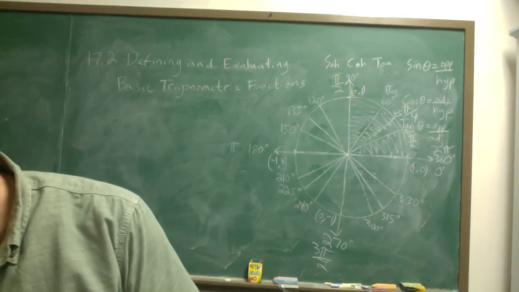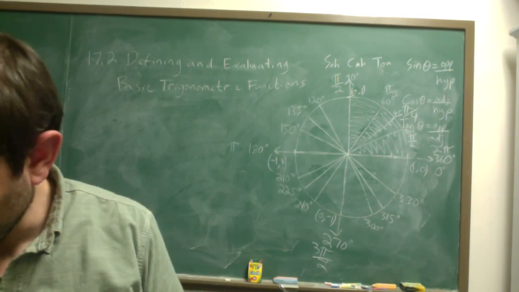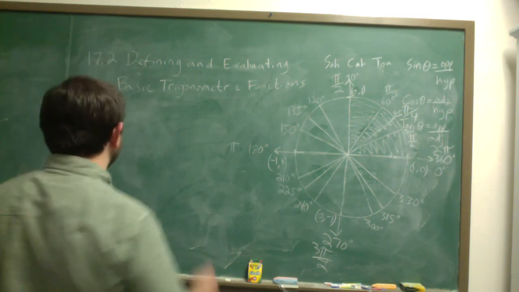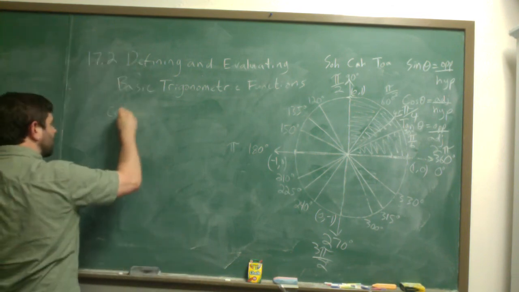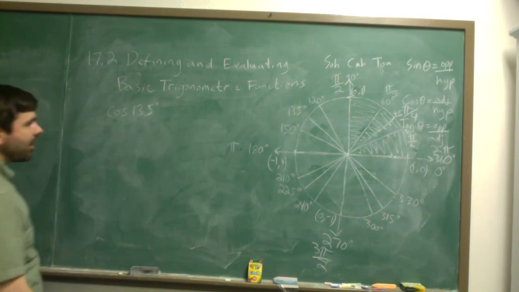In this lesson, we are asked, without using a calculator, find the cosine of 135 degrees.